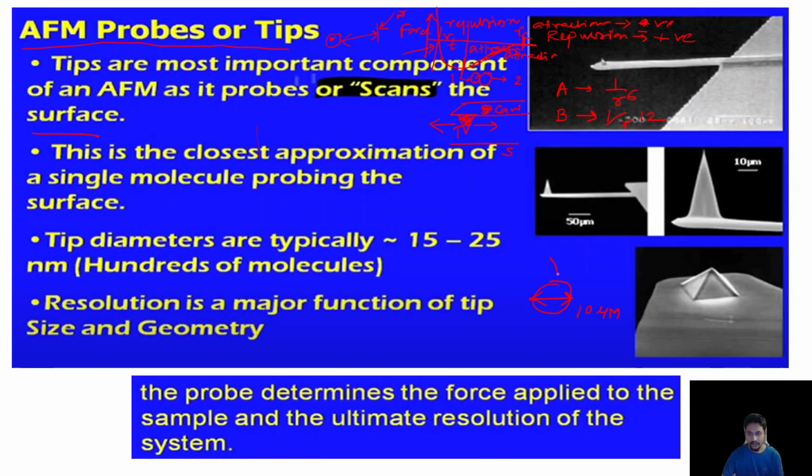So my tip needs to be very, very small in dimension compared to the surface we are going to probe. Normally the tip sizes are in the nanometer range, like 15 to 25 nanometer diameters, so that we can easily probe the samples and almost go to atomic resolution.